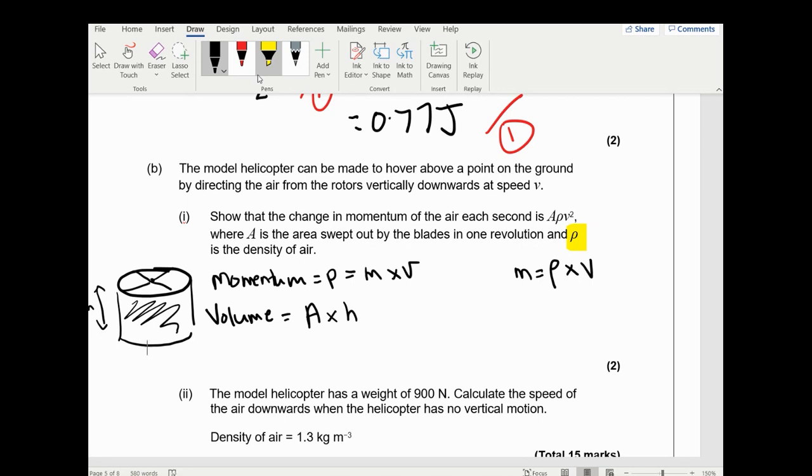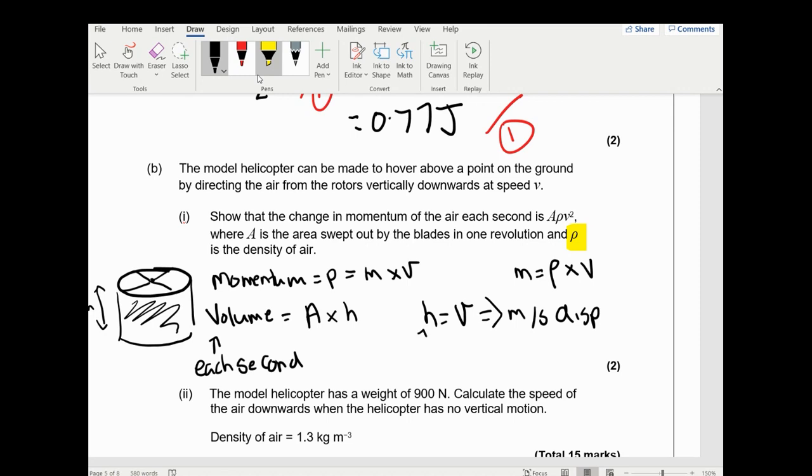Okay, and this is one of the things they like doing. Show that the momentum each second is rho A v squared. So they're after what is the volume each second. So the area isn't changing every second. The height of the air will. The height is going to be the velocity, because that is going to be the meters per second displaced.